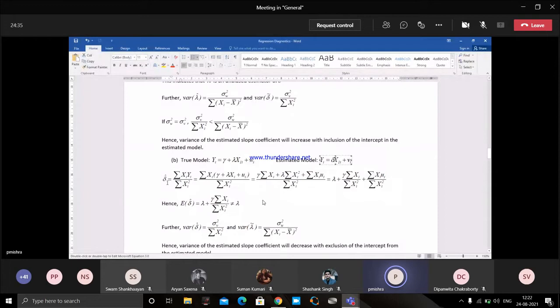And delta hat, as you know, is the summation of Xi Yi divided by the summation of Xi square. As we replace Yi here with gamma plus lambda Xi plus the error term, and as we go for mathematical simplification by expanding this expression, we get, as you see, this lambda will come out.